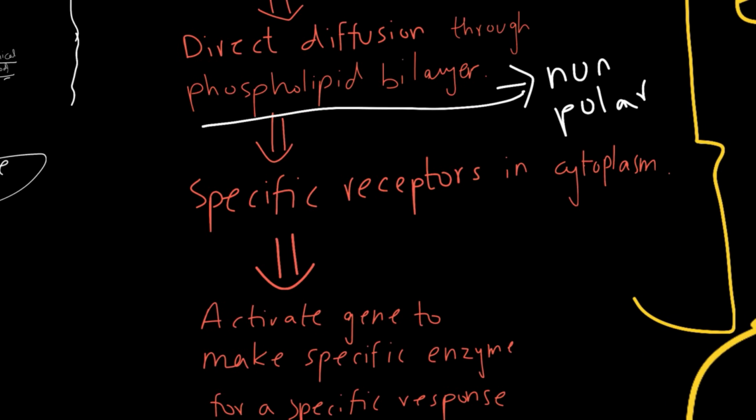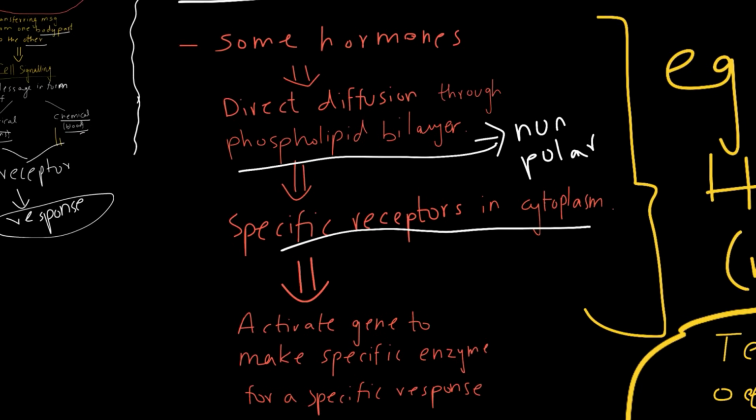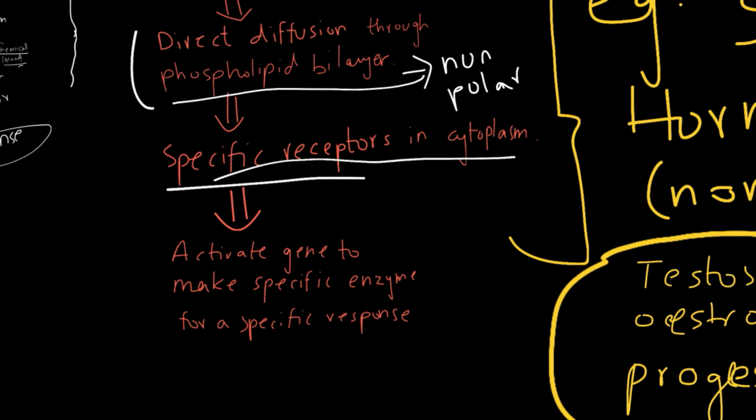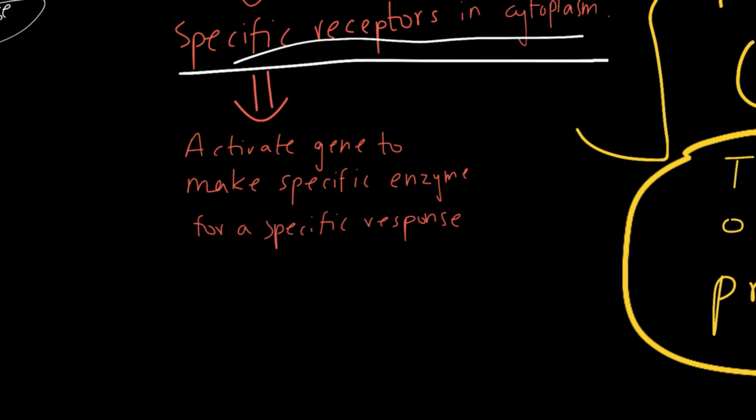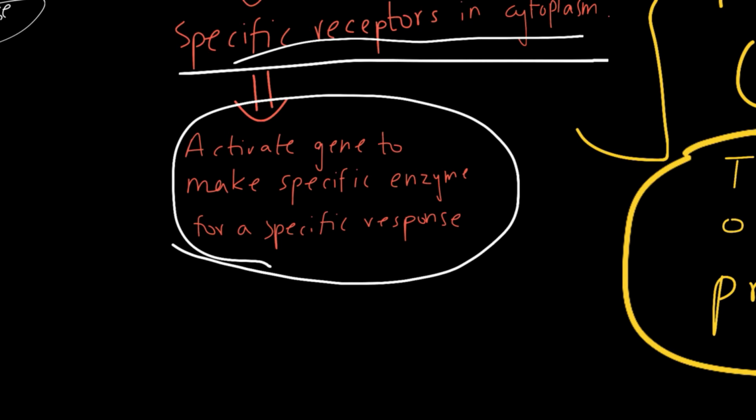Specific receptors are present in the cytoplasm or the nucleus, which help them to diffuse easily. So these hormones can directly diffuse through the phospholipid bilayer, as it mentions right here, and are received by the specific receptors in the cytoplasm or in the nucleus and activate a gene to make specific enzymes for a specific response.